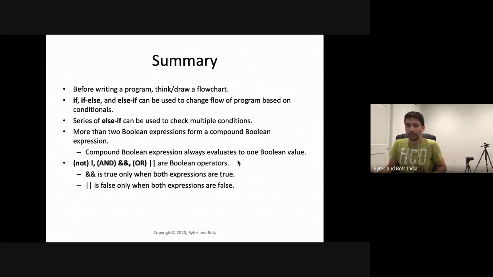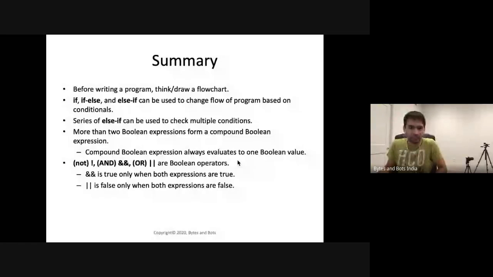Not, exclamation mark, and, which is double ampersand, or, which is two parallel pipes, are Boolean operators. Double ampersand is true only when both expressions are true, or is false only when both expressions are false. And we looked at the truth table for these two to get a visual reference of it.